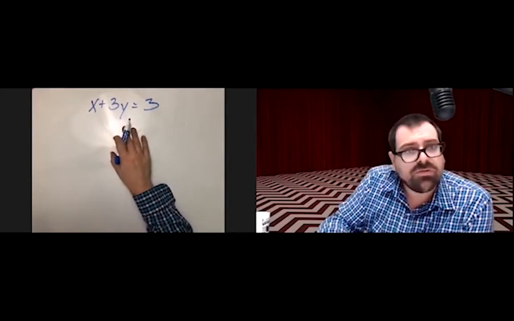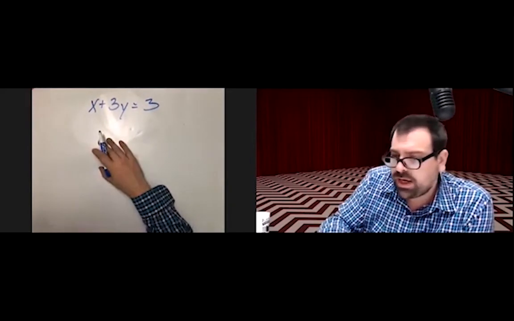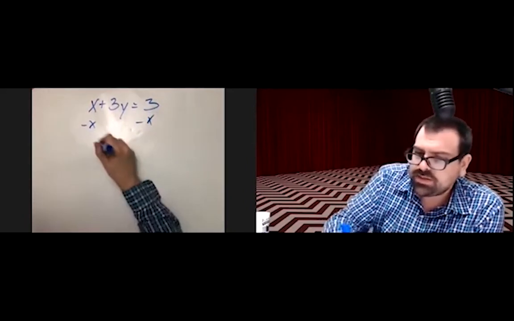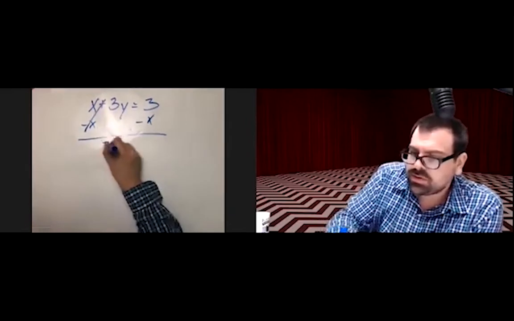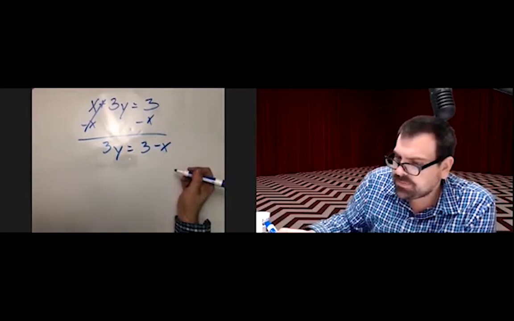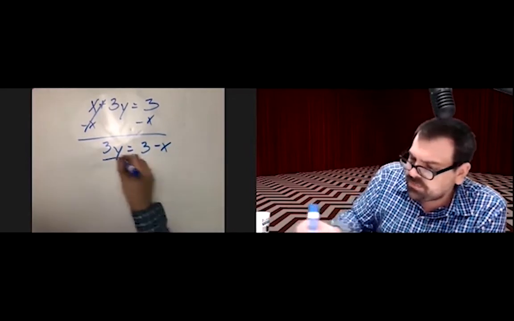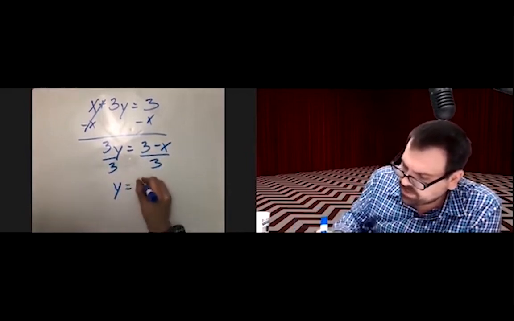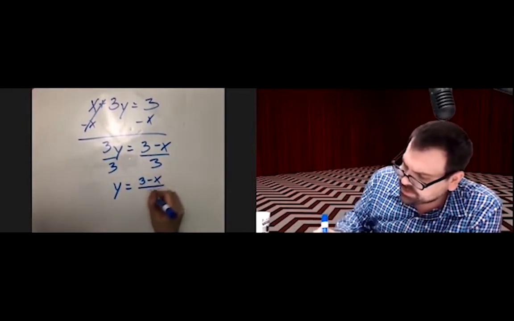So I'm going to go ahead and solve for y. I'm going to solve for y by subtracting x from both sides. So 3y equals 3 minus x. I'm going to divide both sides by 3. And y is going to be 3 minus x over 3.